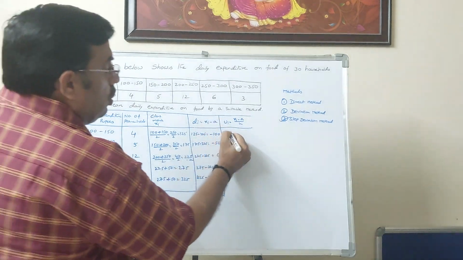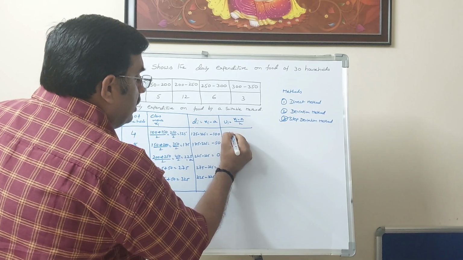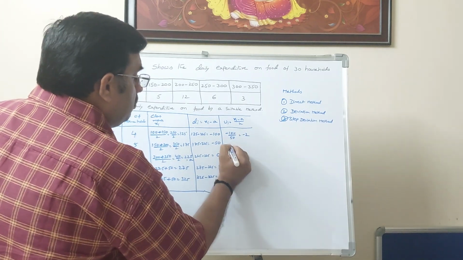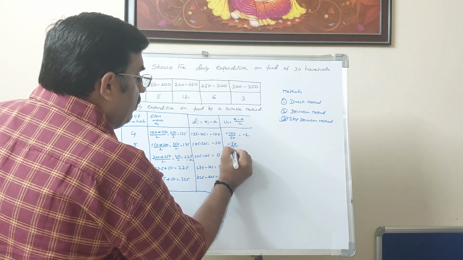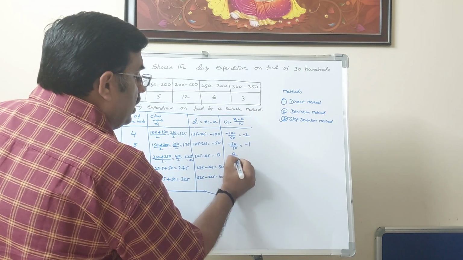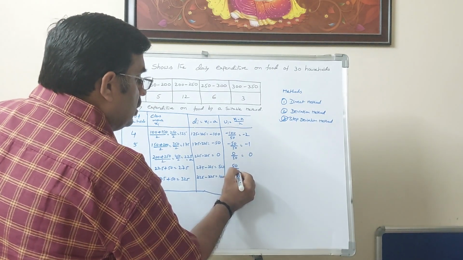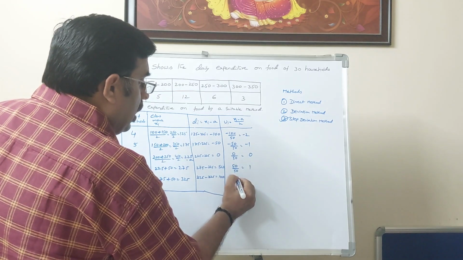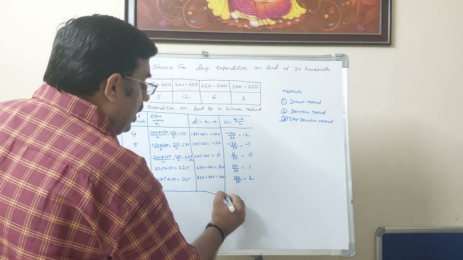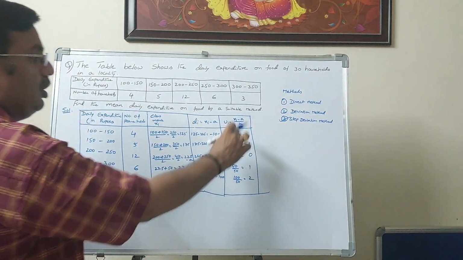So ui is equal to xi minus a by h: minus 100 by 50 is equal to minus 2, minus 50 by 50 is equal to minus 1, 0 by 50 is equal to 0, 50 by 50 is equal to 1, and 100 by 50 is equal to 2. So these are the ui values.